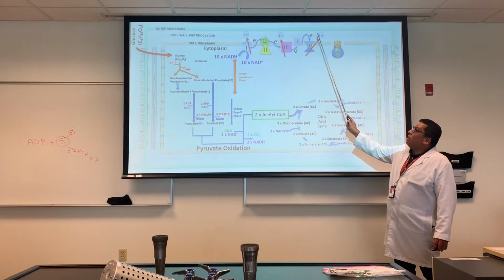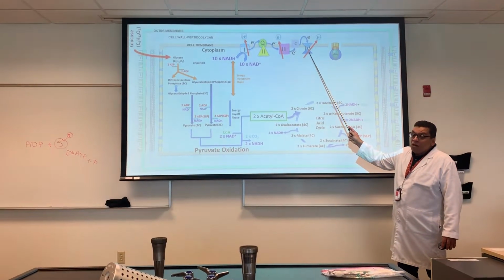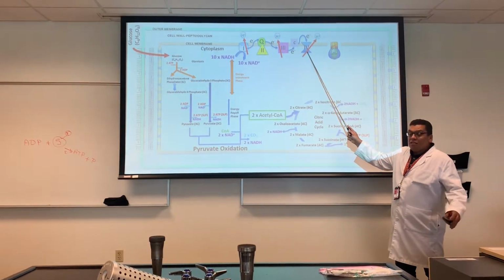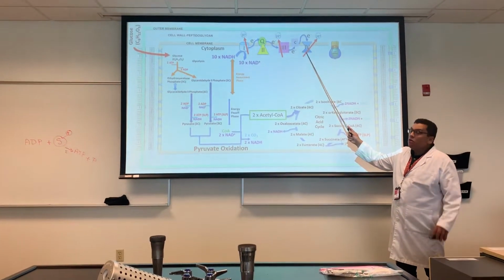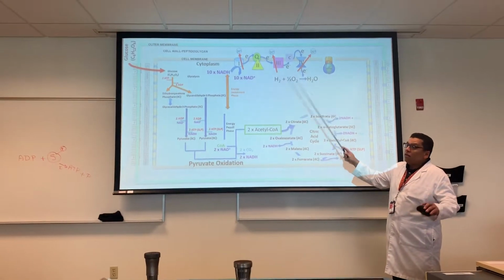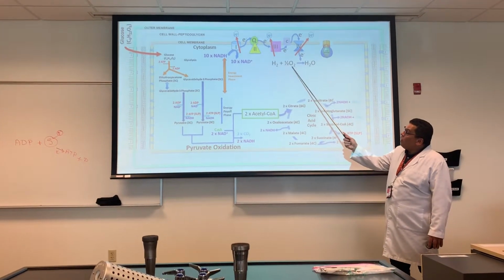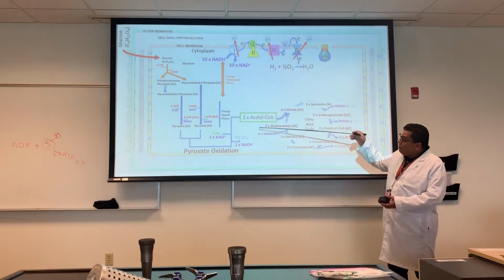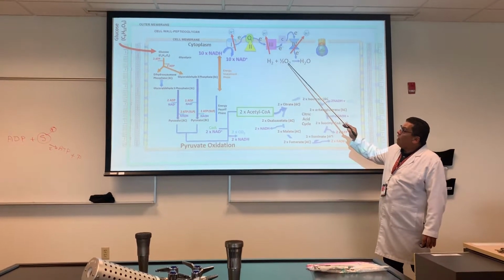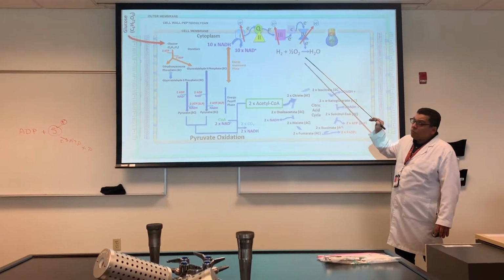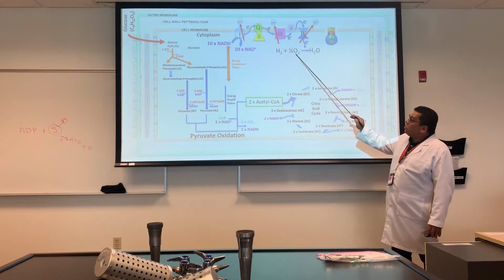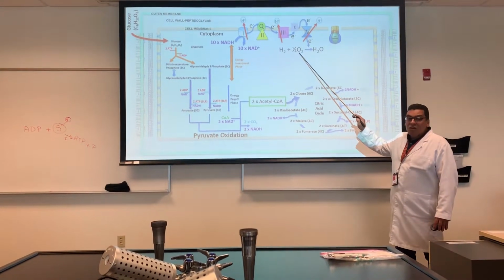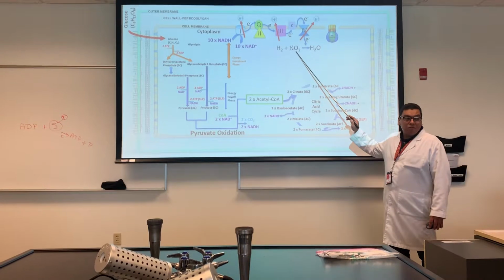If complex 3 wants complex 4 to take more electrons, it can't until it gets rid of the previous 2. And that's where oxygen comes in. And that's why you breathe. Your breathing and bacteria, aerobic, obligate aerobes also need oxygen for this purpose. Oxygen is the final electron acceptor.